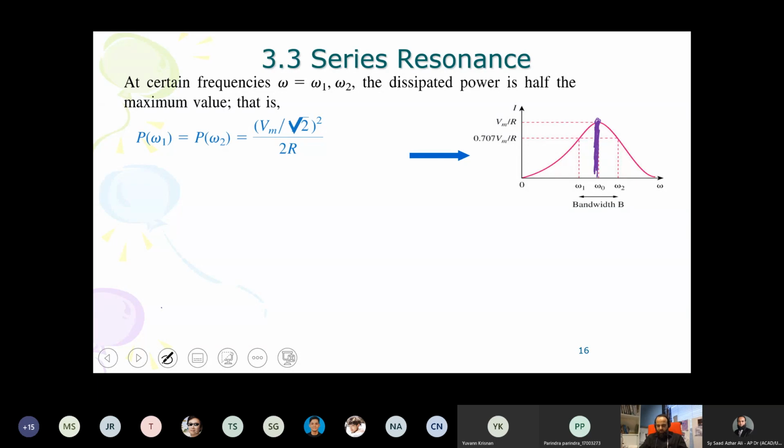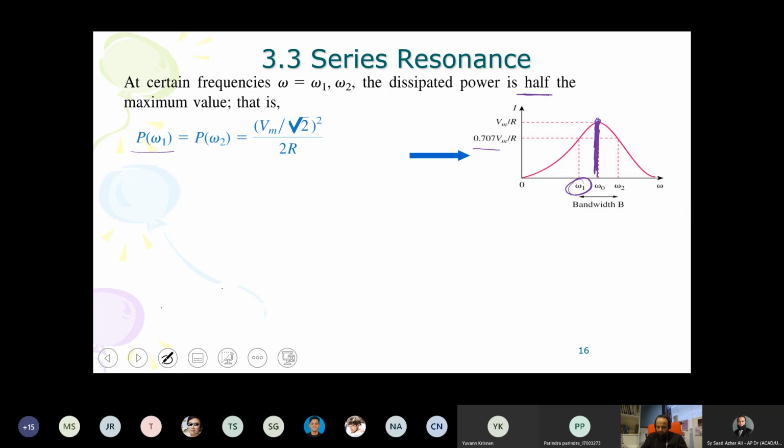I'm not showing the derivation, but at omega 1, the power will be Vm squared upon 4R. This is because 0.707 is 1 upon under root 2. So we are putting Vm upon under root 2 in the formula, and we get Vm squared upon 4R as the power. And the good thing about this is that this is half of the actual power.